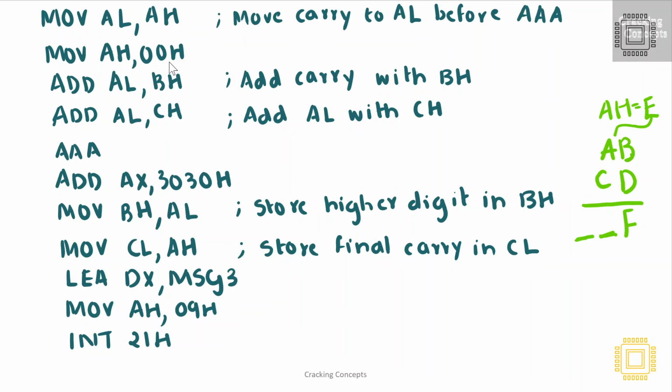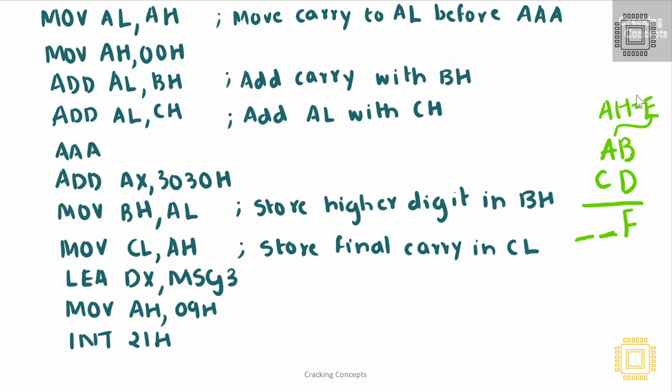I'm clearing AH. Now what we did, in the previous steps, is add the 2 lower digits, and I've got the result in AL. If I have a carry, that will be stored in AH. Now what I'll do is add AL and BH.